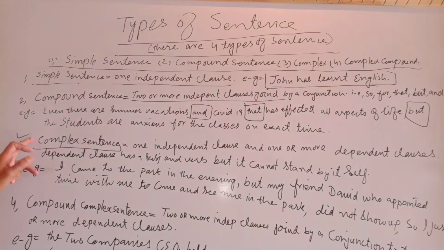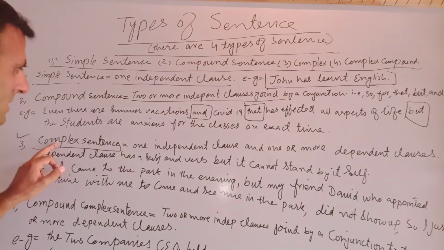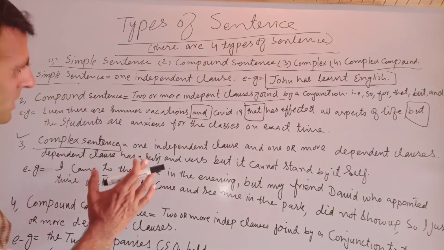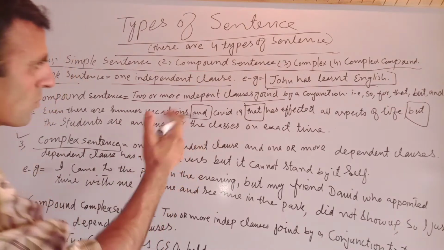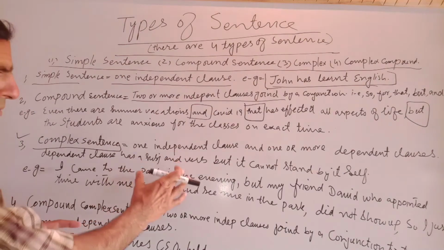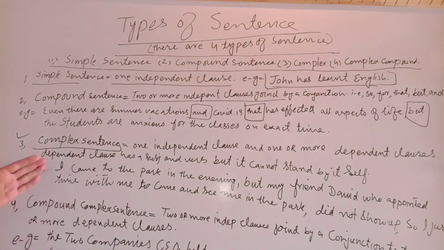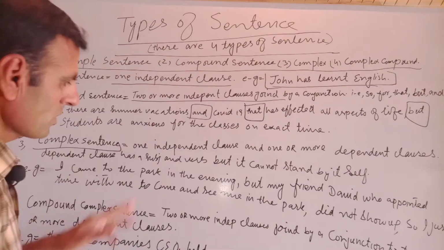This is the difference from a compound sentence. In a compound sentence there are more than one independent clauses, but here it is one independent clause and 1, 2, 3 or more dependent clauses. For example, I came to the park.